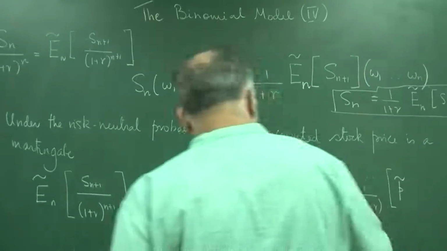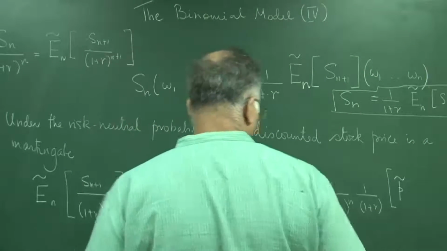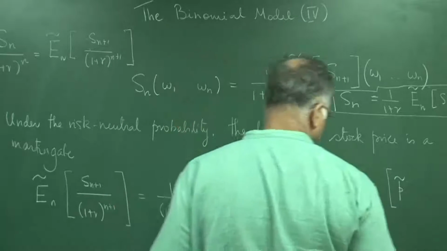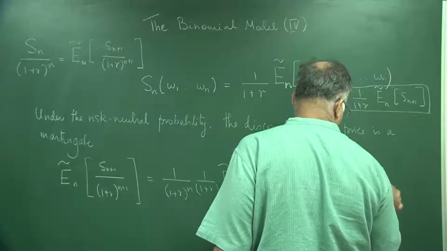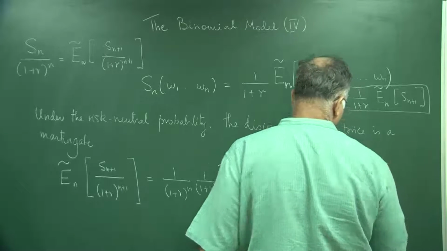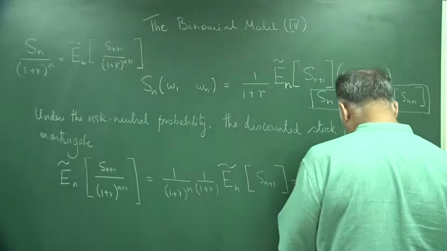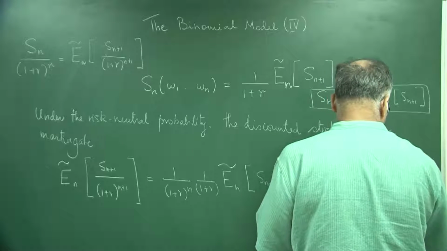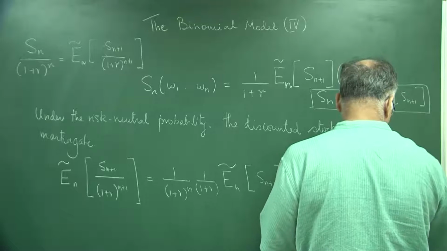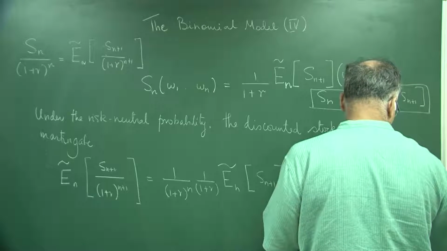So, omega 1 omega 2, if I want to write, I have to write omega 1 omega 2 here. I am writing everything in a functional form. So, just for brevity, Sn plus 1, basically Sn plus 1 H plus q tilde Sn plus 1 T.